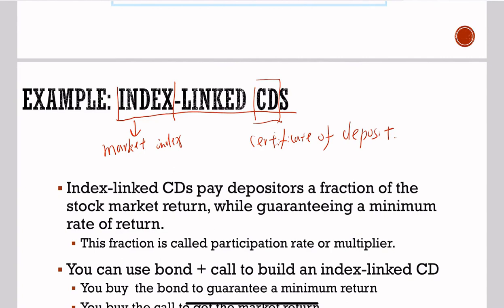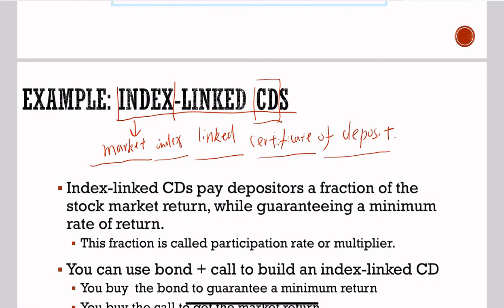If you're in Canada, you could consider the TSX Composite Index or TSX 60 Index as the Canadian stock market index. So it's a market index linked certificate of deposit. It basically means that you're purchasing a CD, but this CD is in some way tied to the market index return.